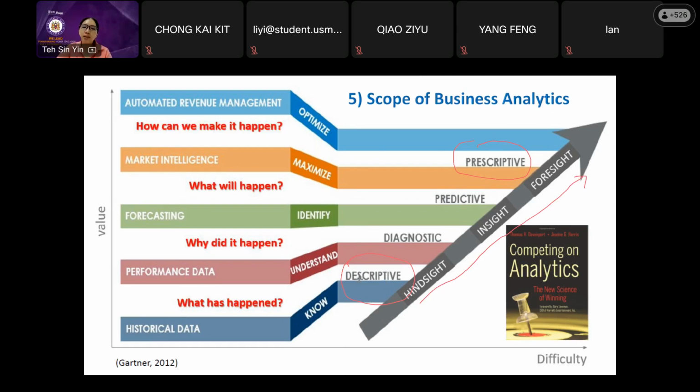Descriptive analytics is more about understanding something that already happened, understanding a situation only after it has happened. So we say hindsight.